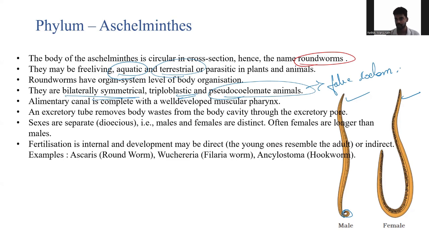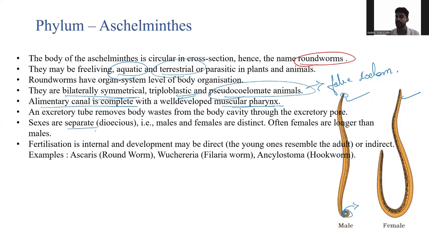Next, coming to digestion, the alimentary canal is complete with a well-developed muscular pharynx. An excretory tube removes the body waste from the body cavity through the excretory pore. From there, whatever waste is present will be removed.